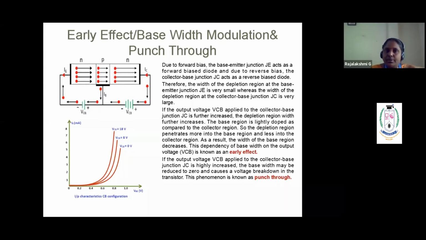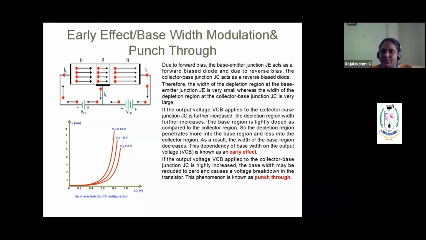It is not going to expand, rather it is going to penetrate into the base region. If it penetrates, the size of the base is getting decreased. That is why it is called base width modulation.